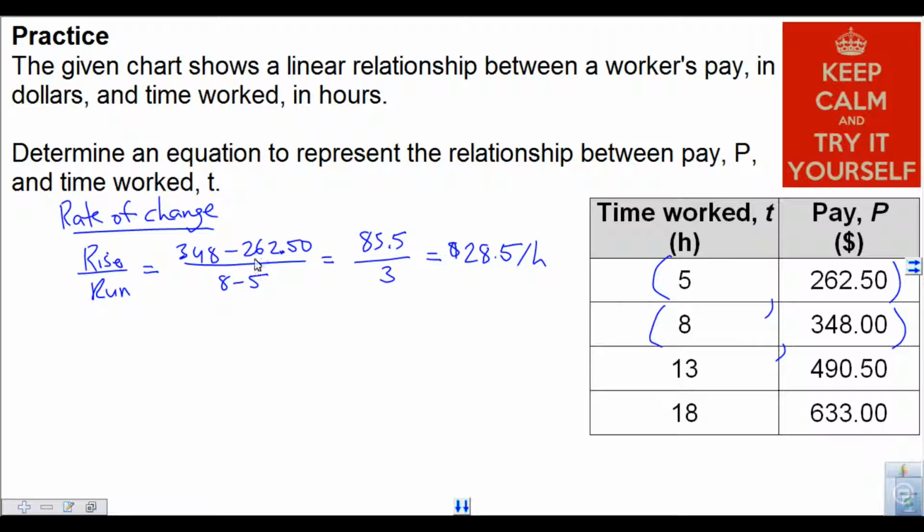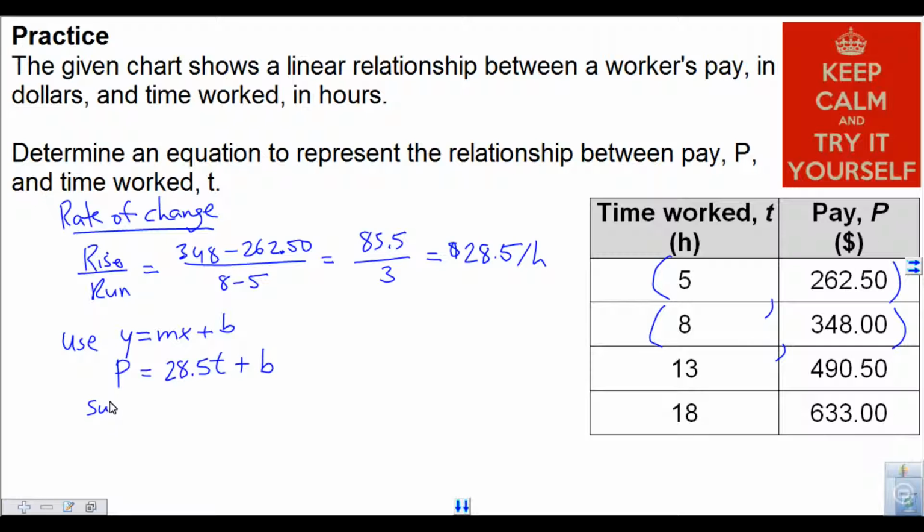All right, that's the rate of change. Now we need to find out what the initial value is. So remember, we're going to use y equals mx plus b. We're going to make a partial equation. The variable for y right now is p for pay, and that's equal to m, which is the rate of change, times x. In this case, it's t for time, and then plus b, which I don't know yet.